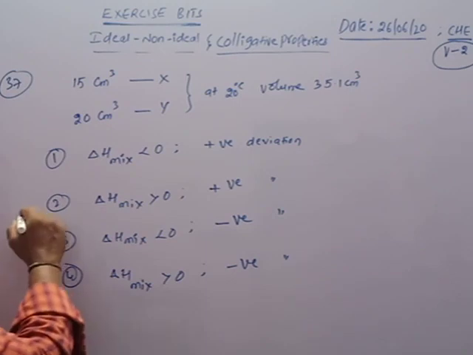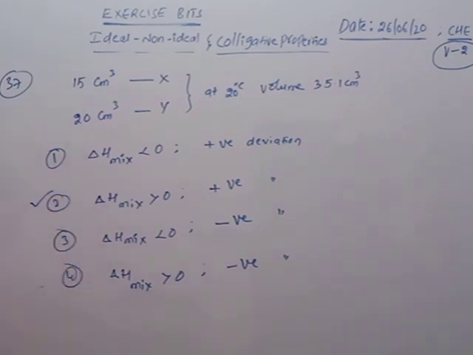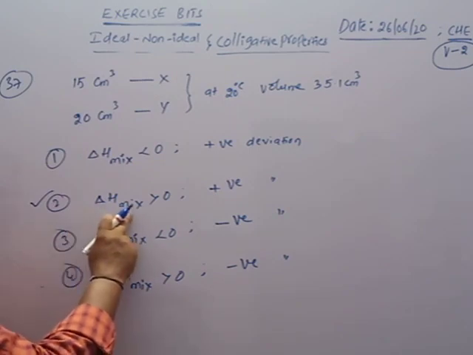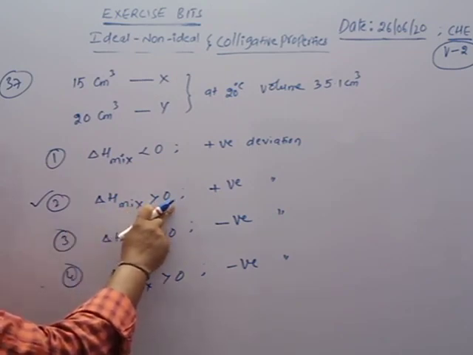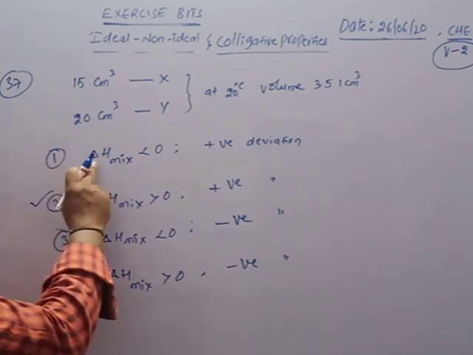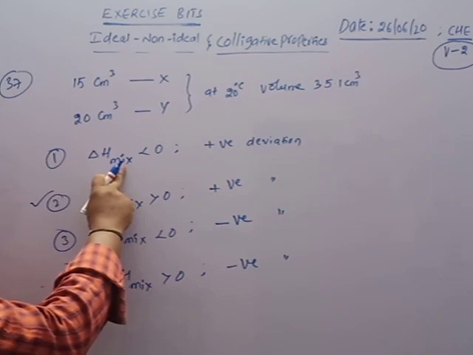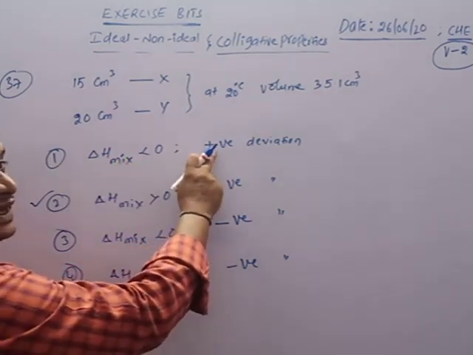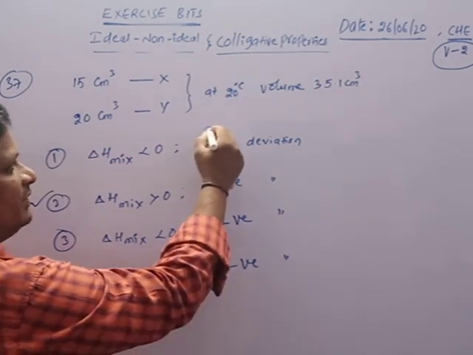So now the correct option is the second option. Why? Because if delta H mixture is less than 0, actually it is negative deviation, not positive deviation.